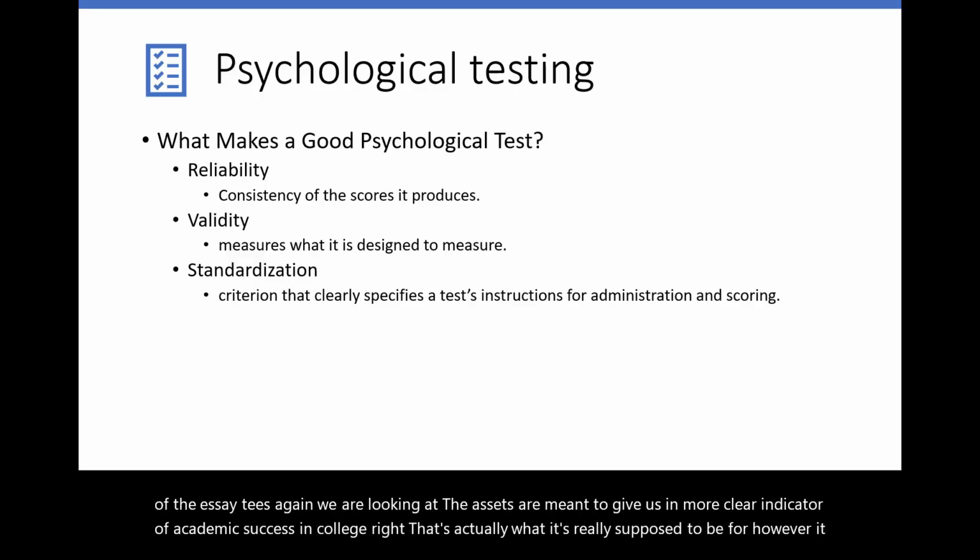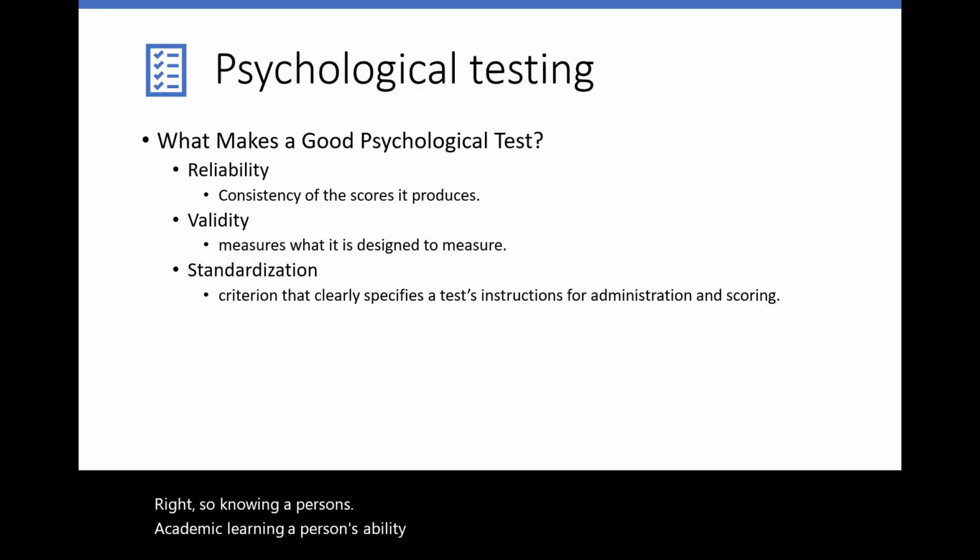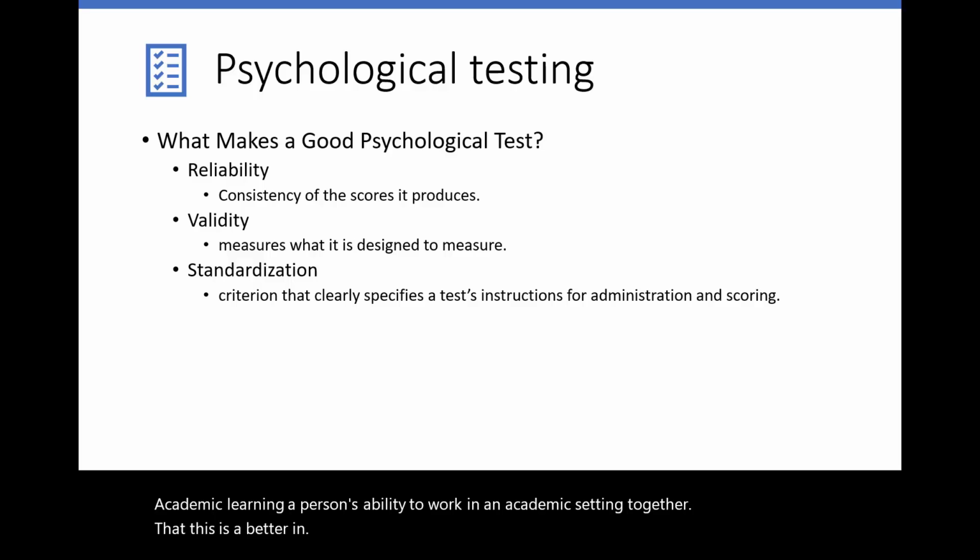A better indicator is actually GPA, right? Knowing a person's ability to work in an academic setting throughout a semester or throughout a year gives us a better indicator because that grade point average has to do with their academic performance over the course of that class in the semester or term, right?